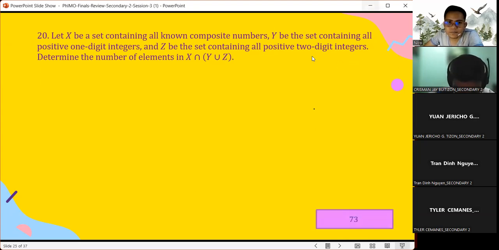Okay, all known composite numbers sila lang. Sabi. Y be the set containing all positive one-digit integers and Z containing all positive two-digit integers. Determine the number of elements of X union.